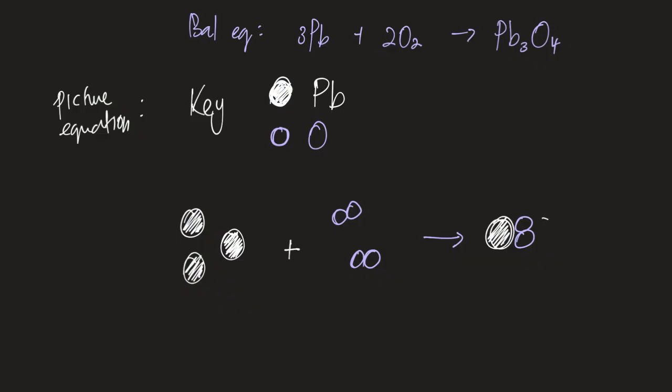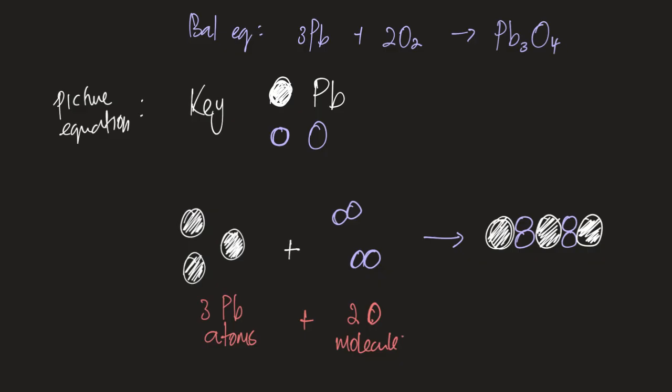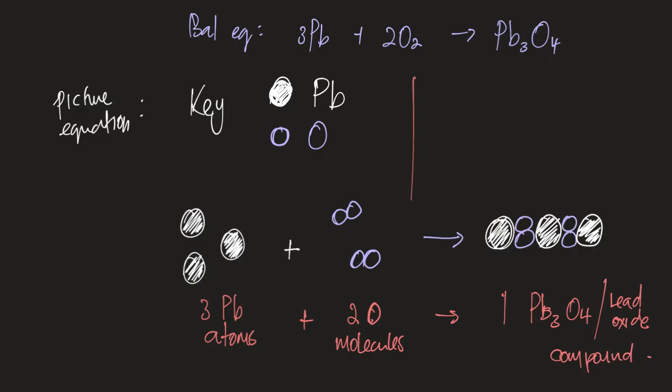Then there's another lead in between, and attached to that will be 2 oxygens, and then attached to that, so what I've got here essentially is 3 lead atoms plus 2 oxygen molecules, and that gives me 1 Pb3O4, or lead oxide compound. And that's your picture equation of that balanced equation.